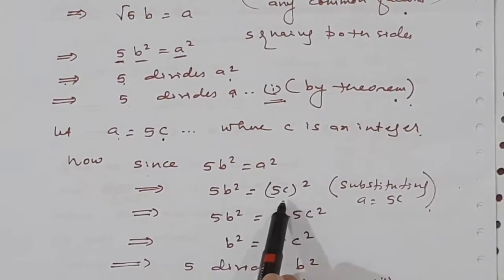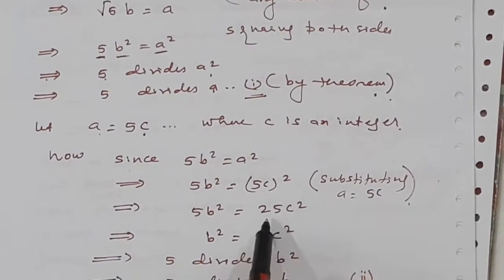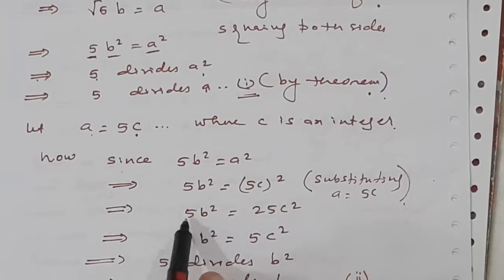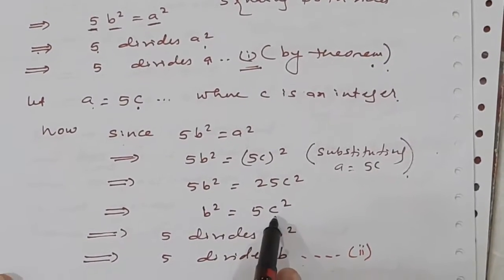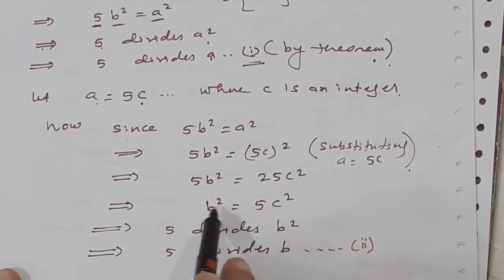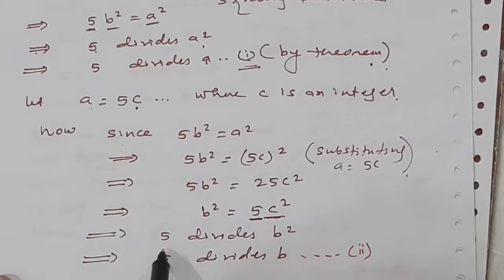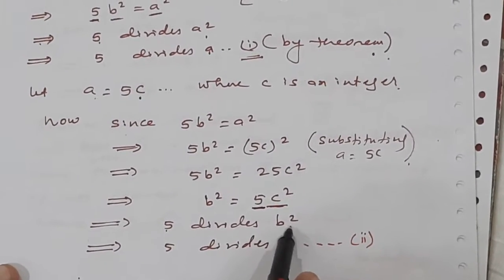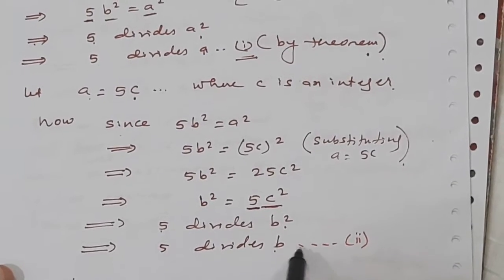So 5b square is equal to 5c whole square. 5c whole square is 25c square. Dividing by 5, it implies that b square is equal to 5c square. Now here again we see that b square is having two factors, that is 5 and c square. Hence 5 divides b square. It means that 5 divides b, or 5 is a factor of b.